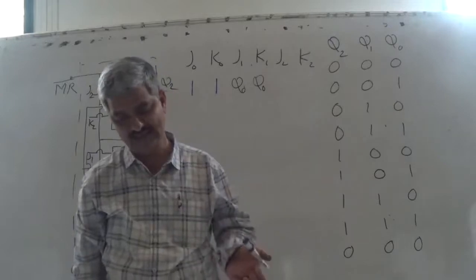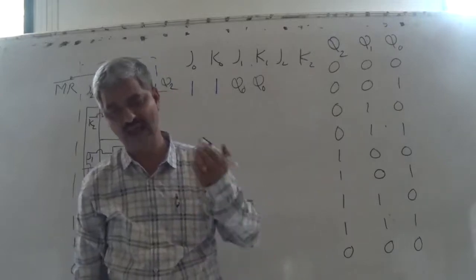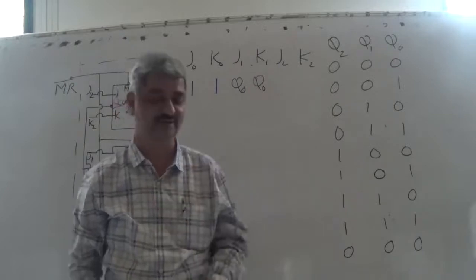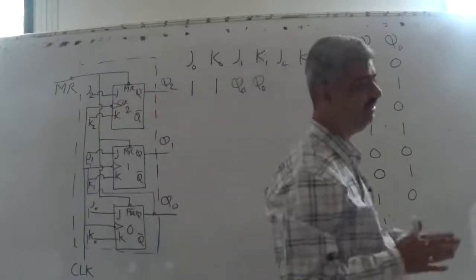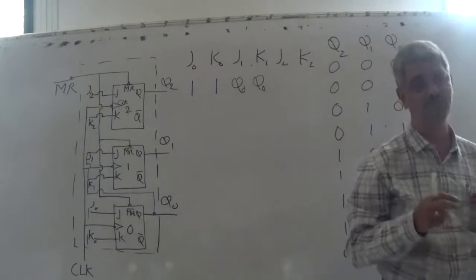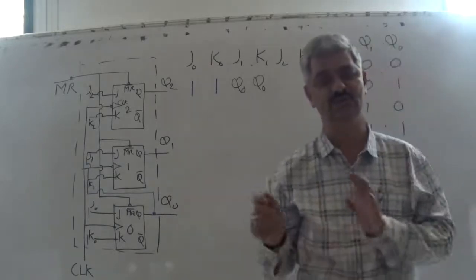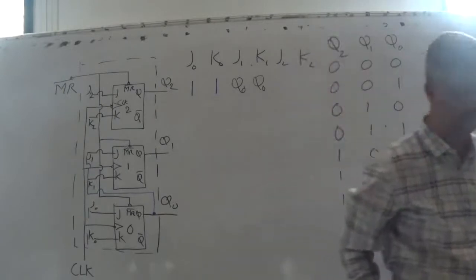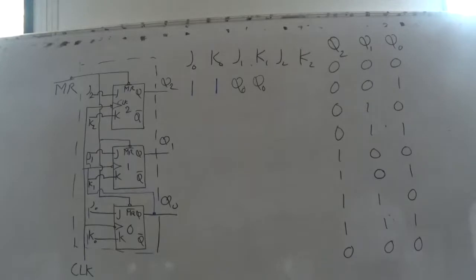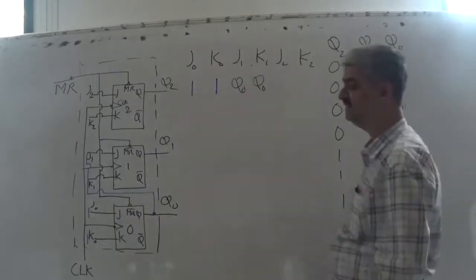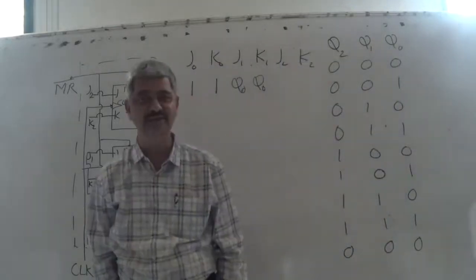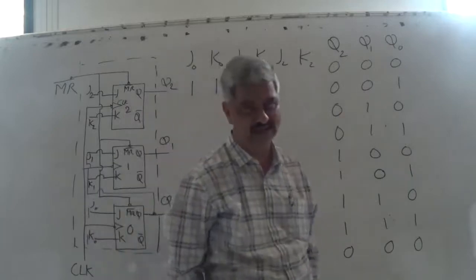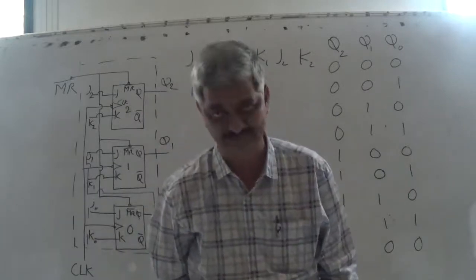So, Q0 is directly connected to J and K of flip-flop number 1. So, J1 equal to K1 equal to Q0. So, you short J1 and K1 and connect it to Q0. So, the output of flip-flop number 0 is connected to the common input of J and K of flip-flop number 1.